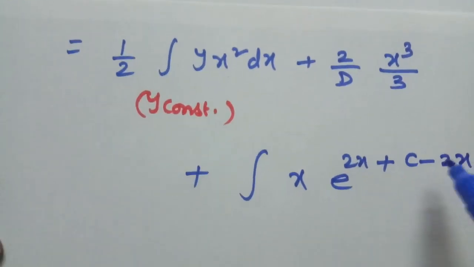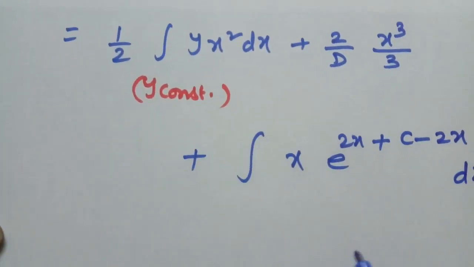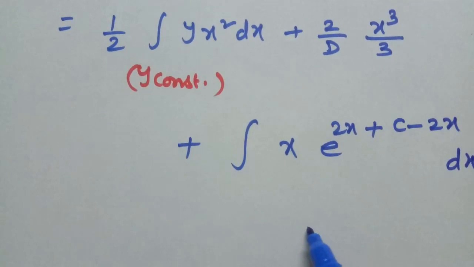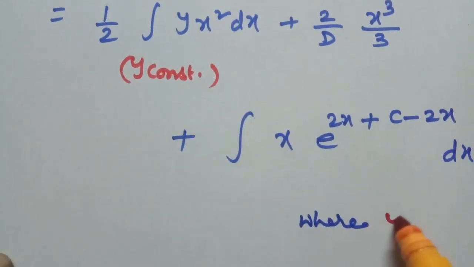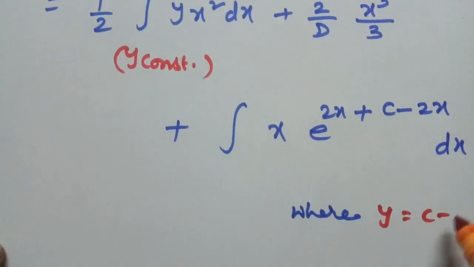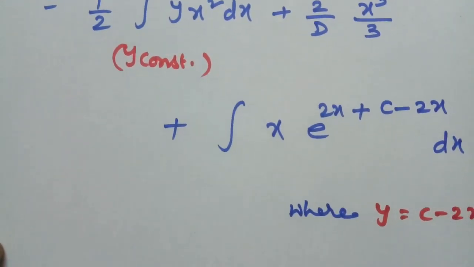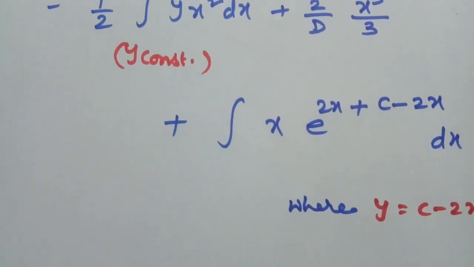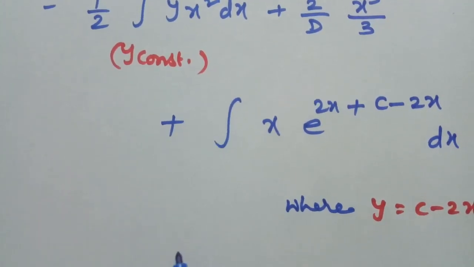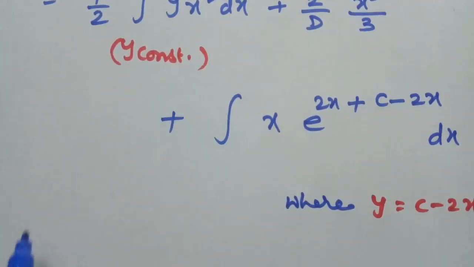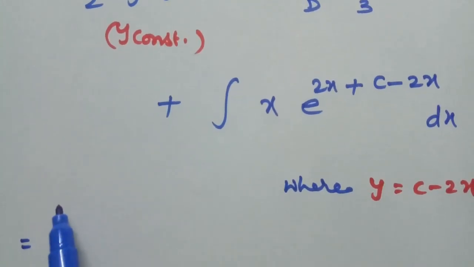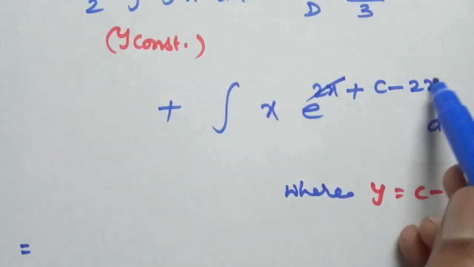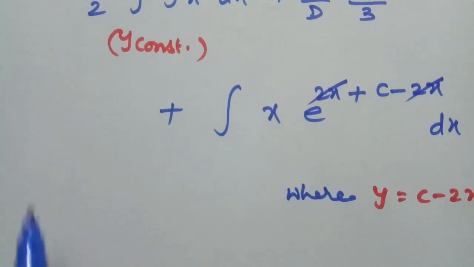Therefore where y is equal to c minus m2x, that is c minus 2x. Therefore here, again, this can be written as, 2x gets cancelled.